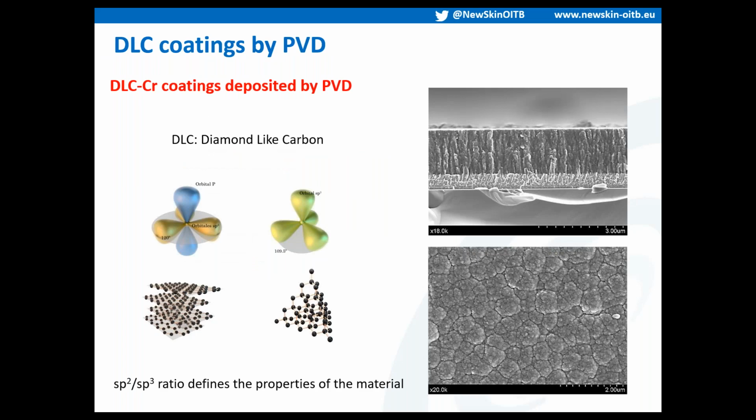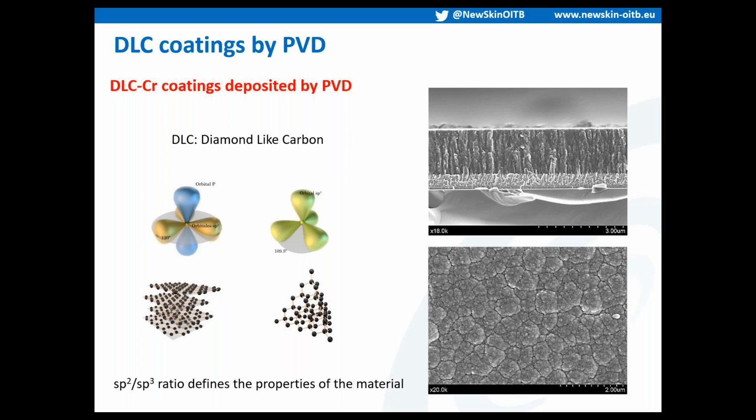In the case of DLC coatings and chromium, DLC is diamond-like carbon. The carbon can be in two different hybridization modes, sp2 and sp3. With sp2 you can obtain graphite, with sp3 diamond.